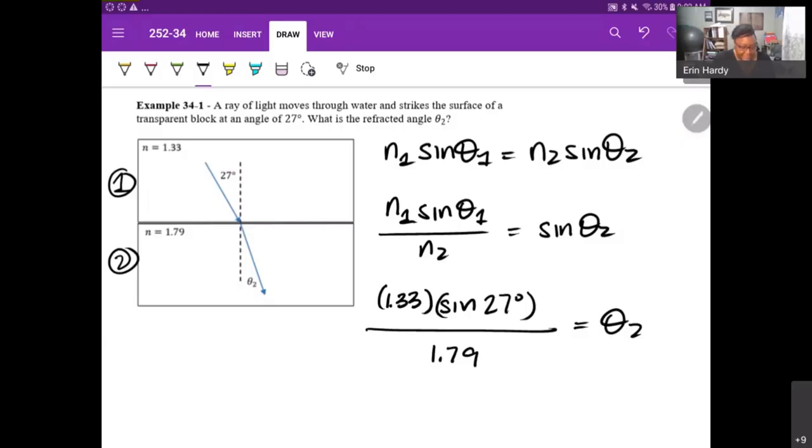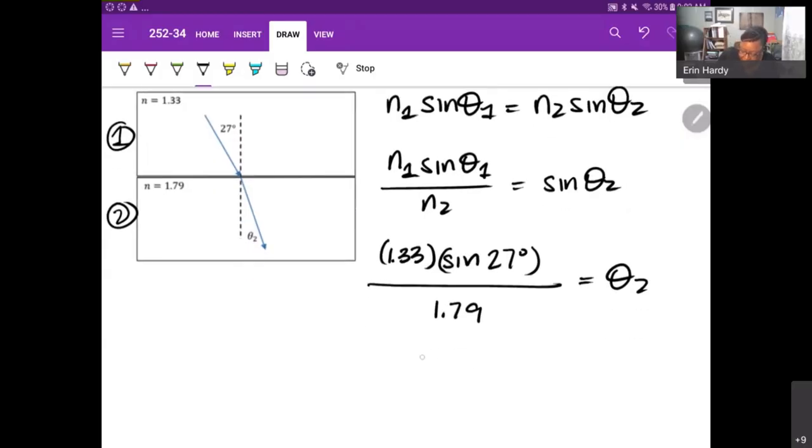So 1.33 times the sine of 27, that numerator is going to be about 0.6038, divided by 1.79. This is the sine of theta 2.